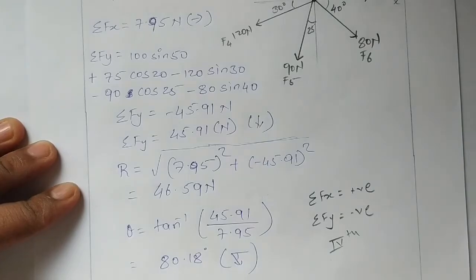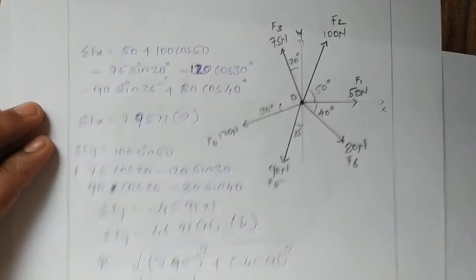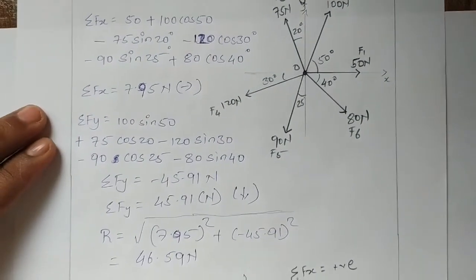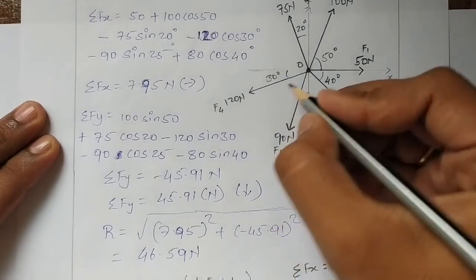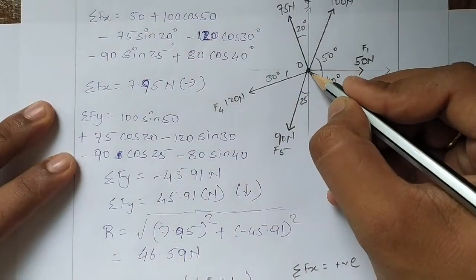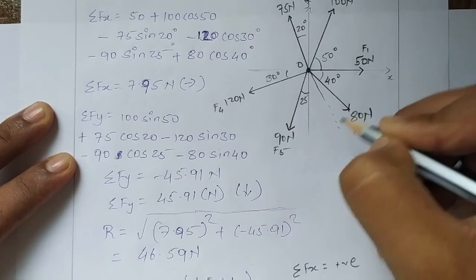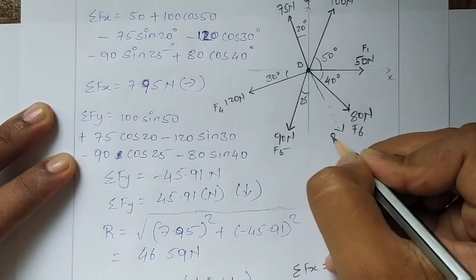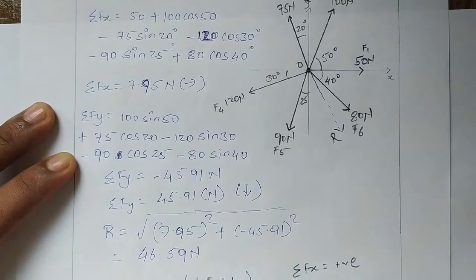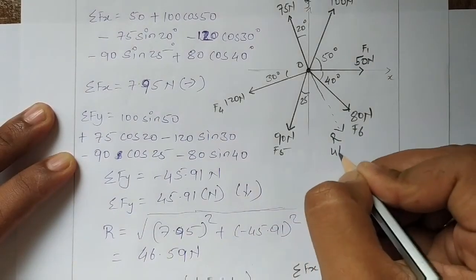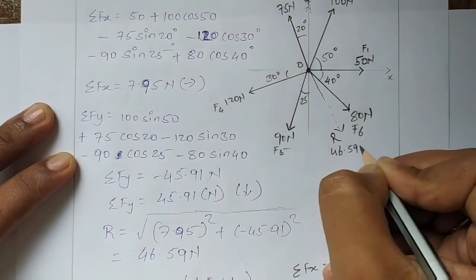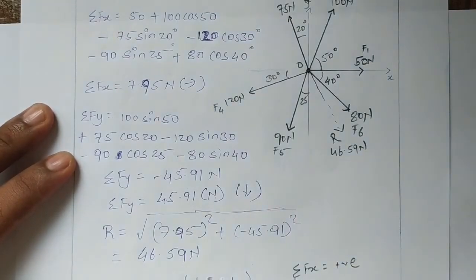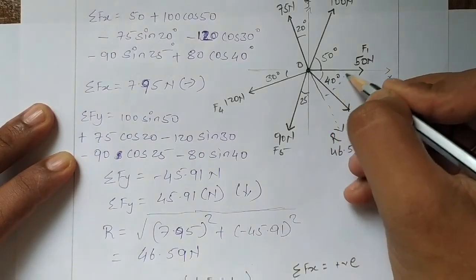Let us show here the resultant with its magnitude. So this is the resultant. Here the magnitude is 46.59 Newton and the angle is 80.18 degrees, which is made with respect to the horizontal.